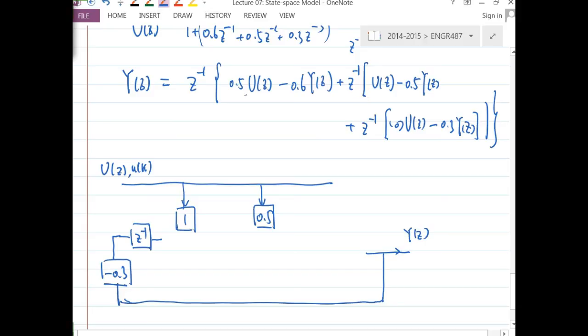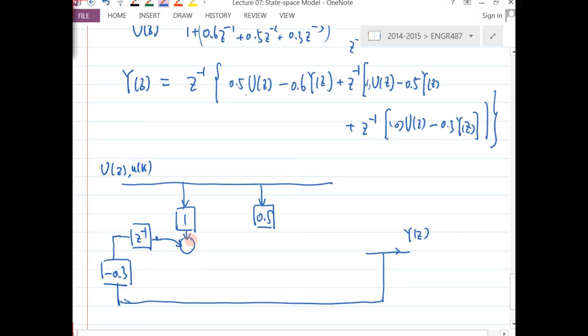So this block is the signal here, and that signal will be added into this u of z times 1. This is 1 here. So what comes out of this block will be added in here.